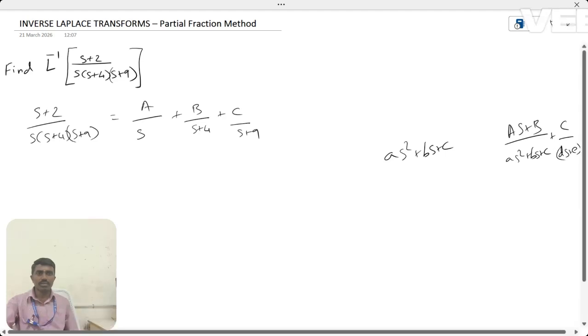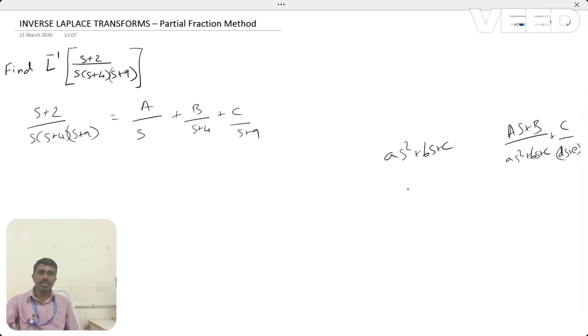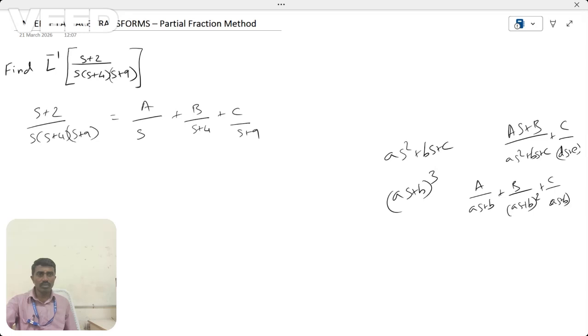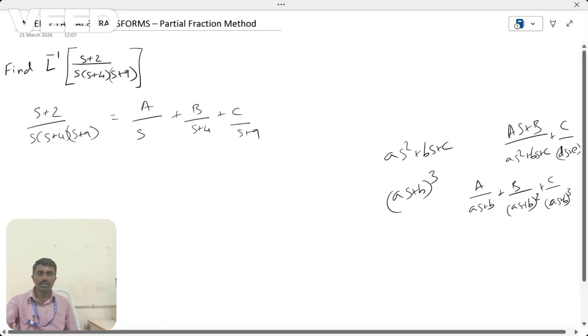Suppose any one factor is linear but its order is more than one, like (as plus b) whole power 3. Then for that factor, you write a divided by (as plus b) without any power, plus b by (as plus b) whole power 2, plus c by (as plus b) whole power 3, and it will keep on going.